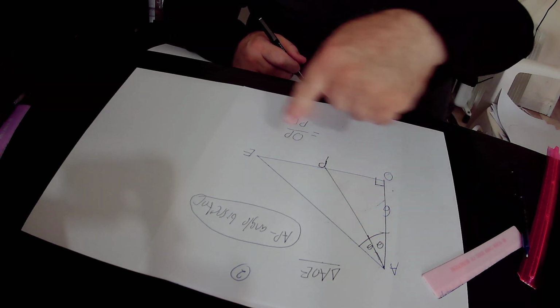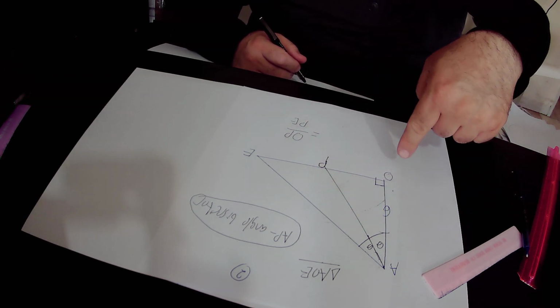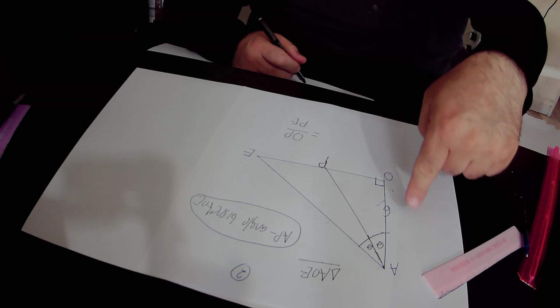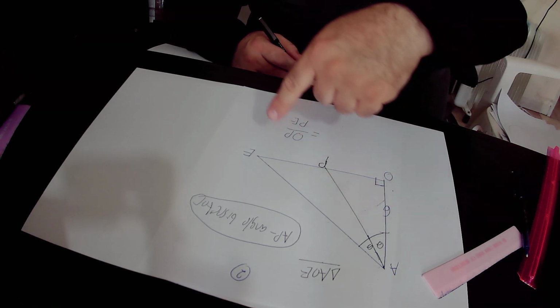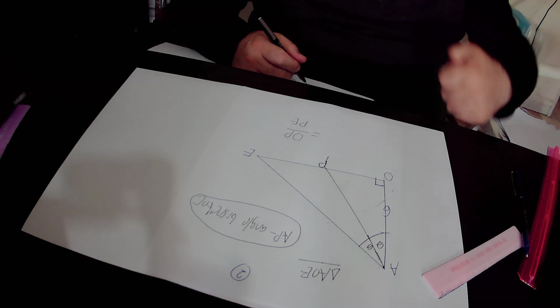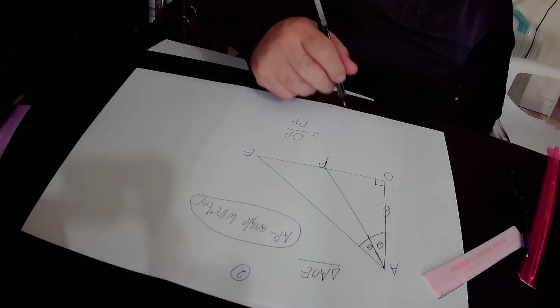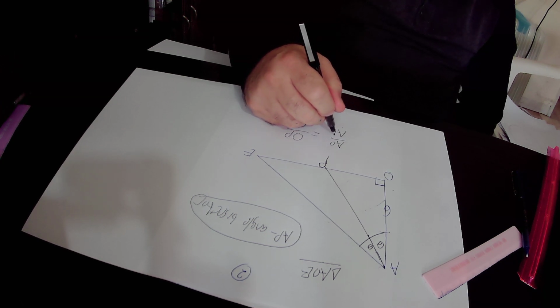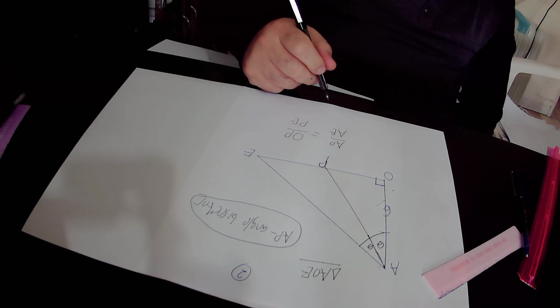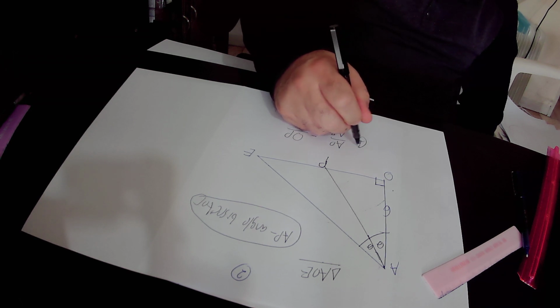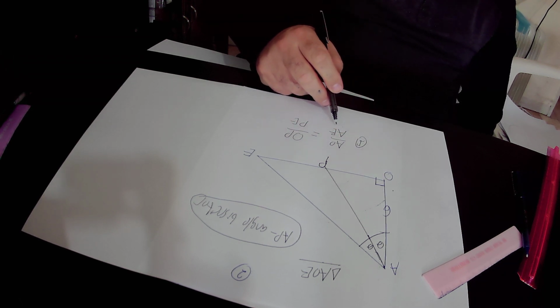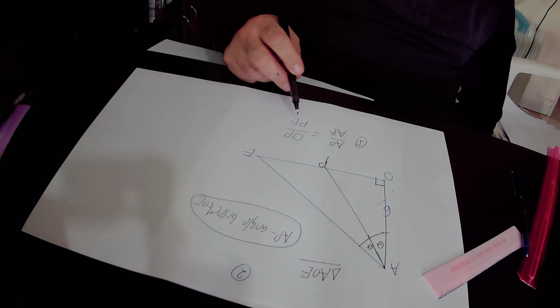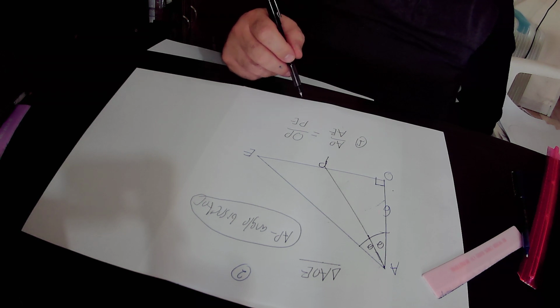Angle OAE has two legs. The first leg is OA and the second leg is AE. And the ratio between those two legs is AO over AE. In conclusion, according to the angle bisector theorem, we get that AO over AE equals OP over PE.